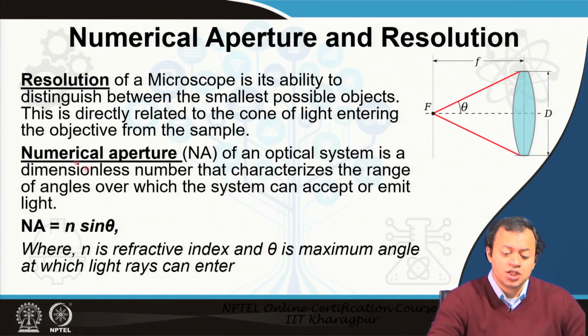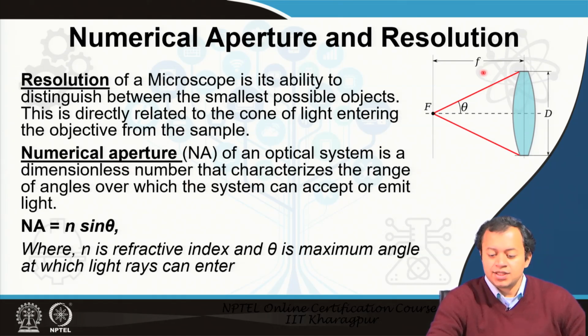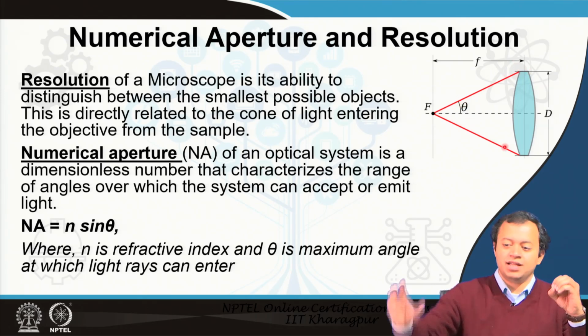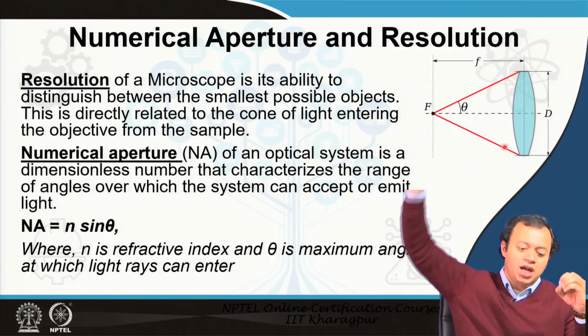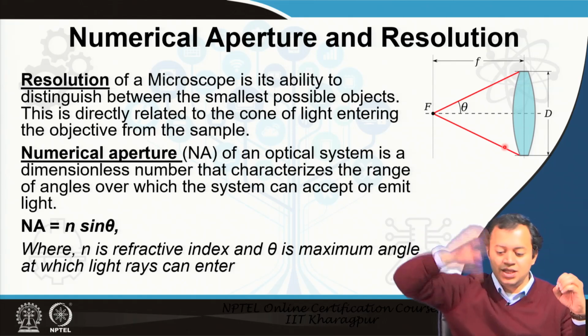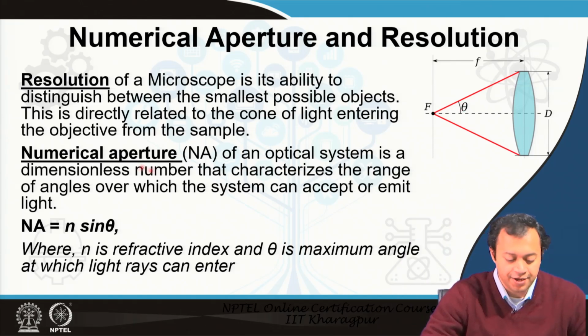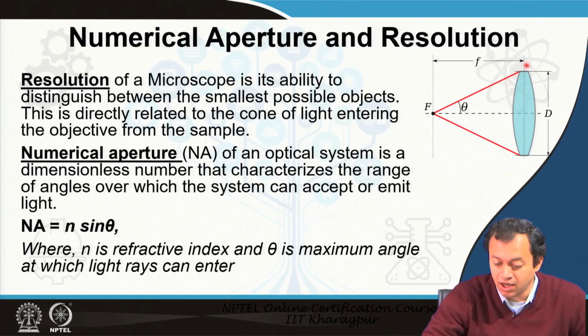The second most important thing is numerical aperture. The numerical aperture is a dimensionless number which characterizes how much light can actually be taken into the lens. So, you have a lens and a light source like that. What is the angle and the half angle of the total light cone that can enter inside the lens, which has a specific diameter?